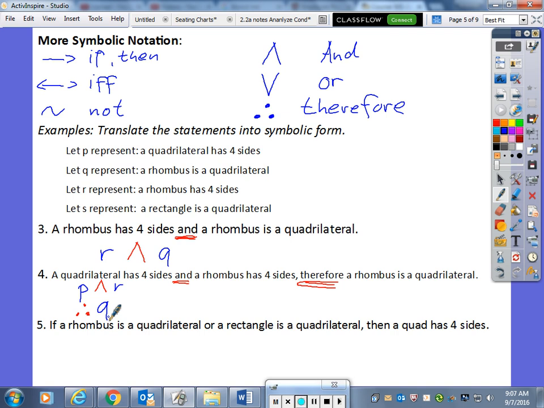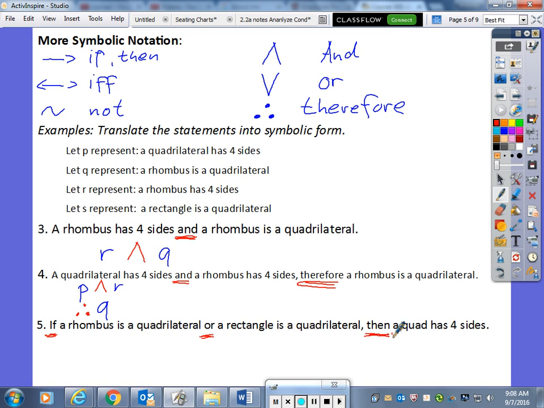And then we have our last statement. If a rhombus is a quadrilateral or a rectangle is a quadrilateral, then a quadrilateral has 4 sides. So the if and then will be indicated by an arrow.